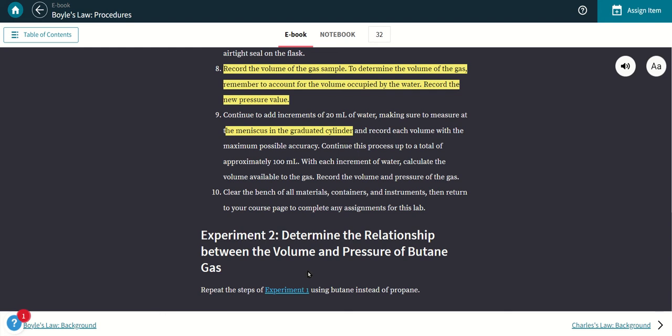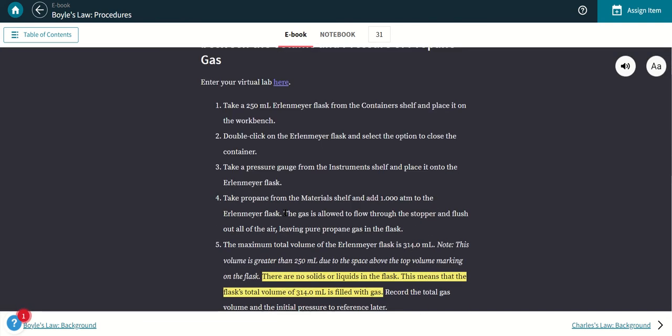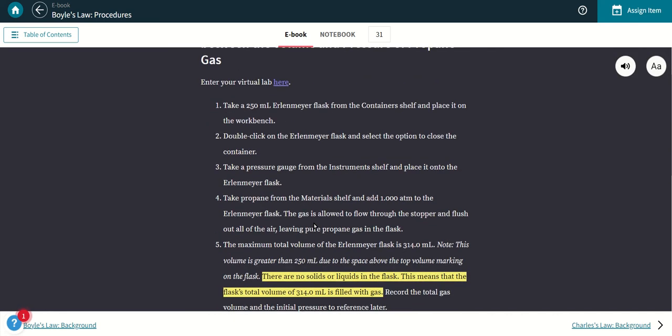So you're repeating the same exact experiment for number 2 that you did in number 1, except with a different gas. So that's the good thing: once you are confident with experiment 1, you'll just go easily into experiment 2. It won't be a big deal, nothing too different besides it being a different gas.